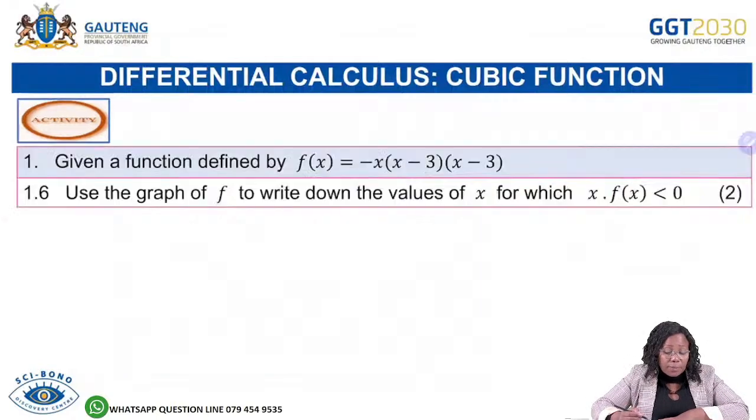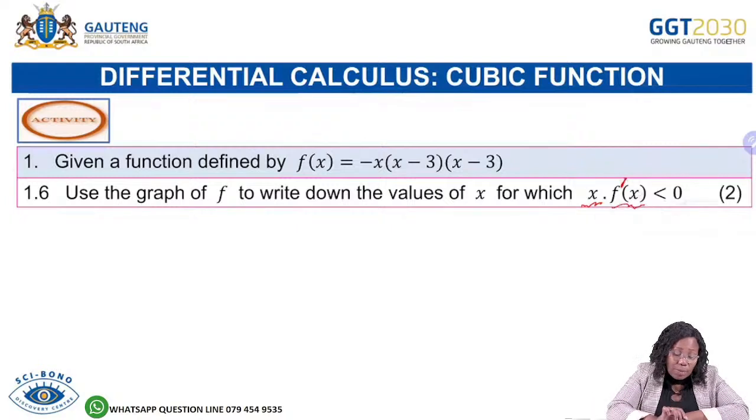Okay, and now they say use the graph that we have drawn. Use the graph of f to write the values of x for which x multiplied by the derivative must be less than 0. Okay, they say use the graph.